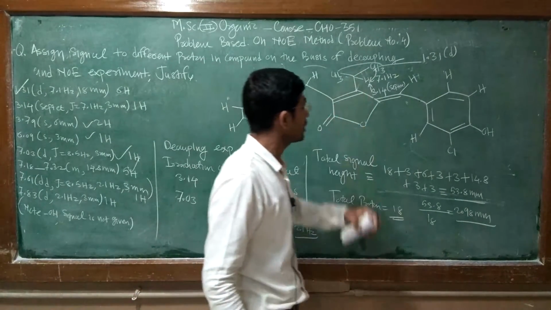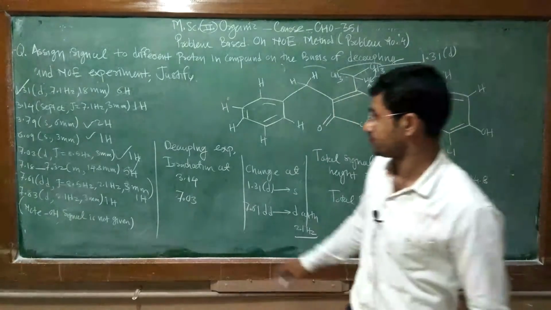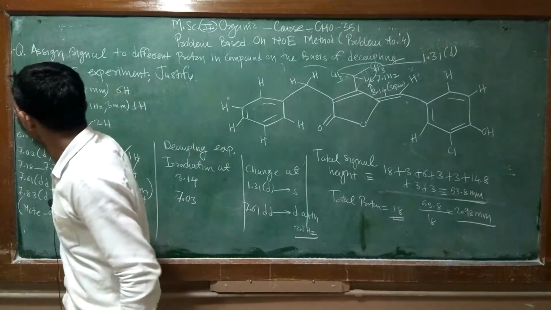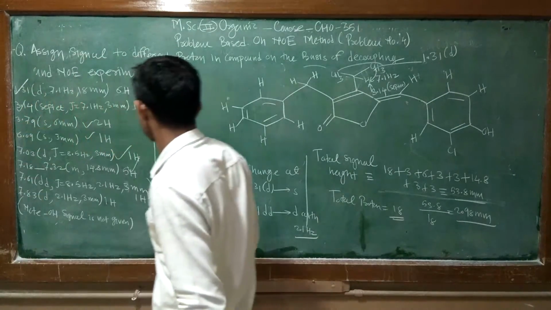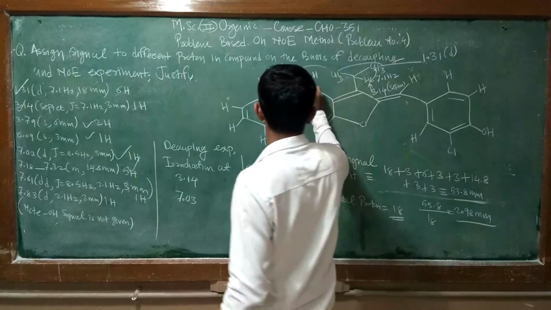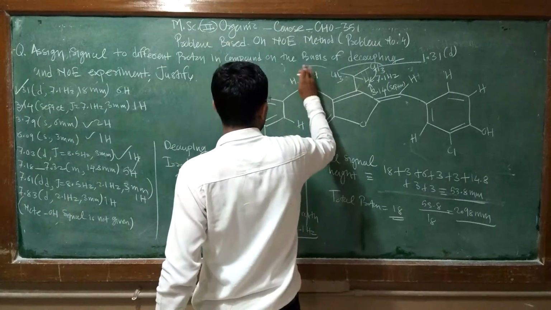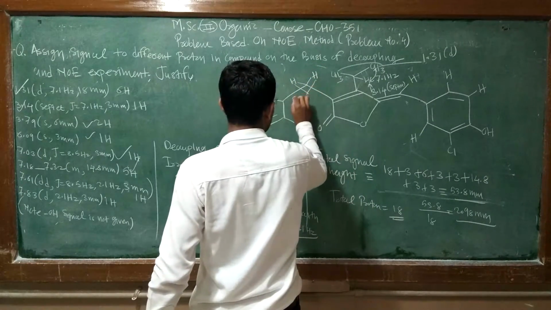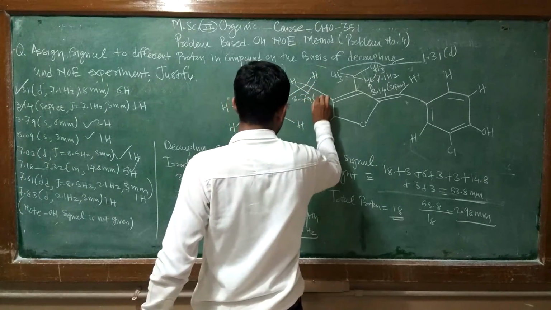Next is 3.79, a singlet for 2 protons. Both of these protons show 3.79 as a singlet.